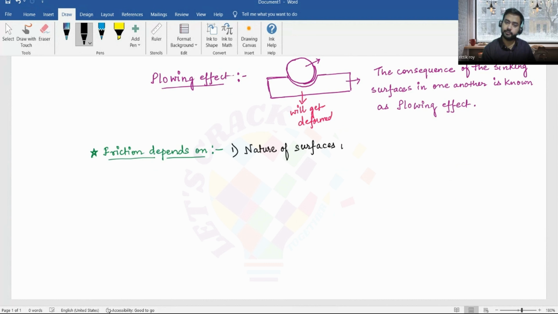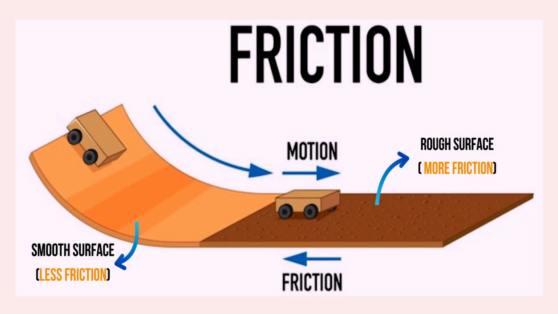What kind of surfaces are in contact? If the surfaces in contact are rough, the amount of frictional force will be more. If the surfaces are smooth, the amount of frictional force will be less.